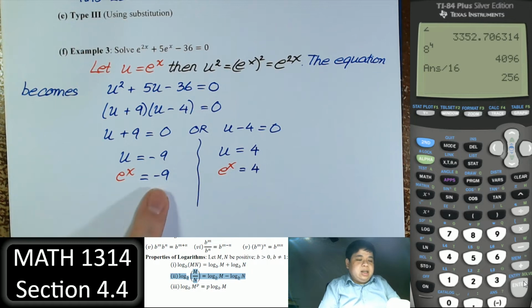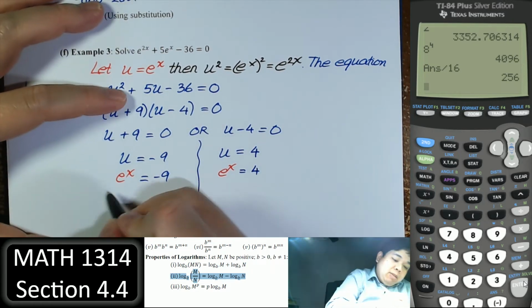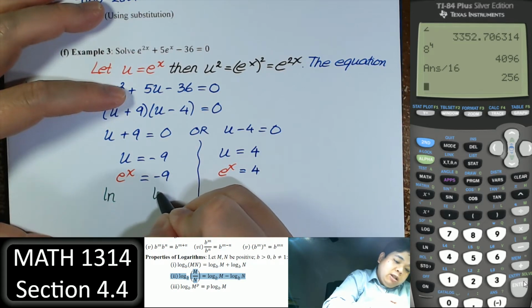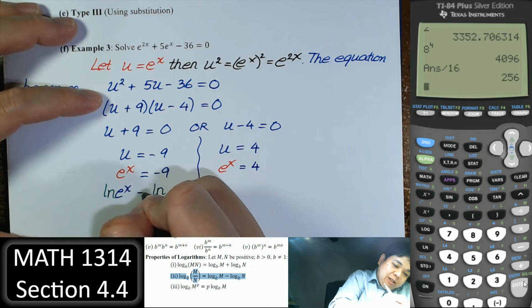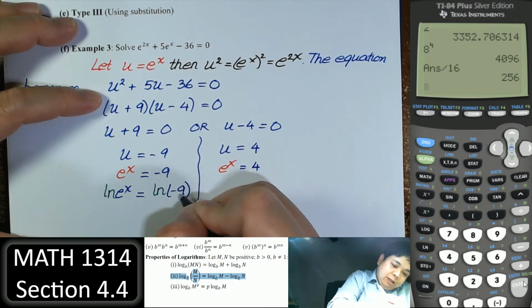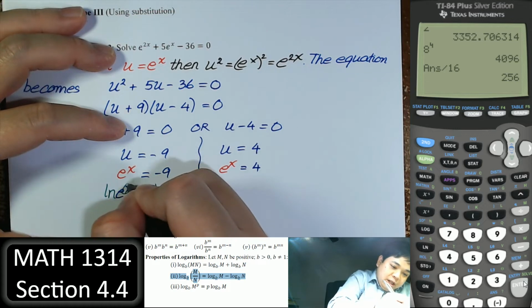Now to solve for x, this is base e, and there's no way we can get them to the same base, so we just take ln on both sides. And there's a problem here. Right. So we can certainly take the x down.